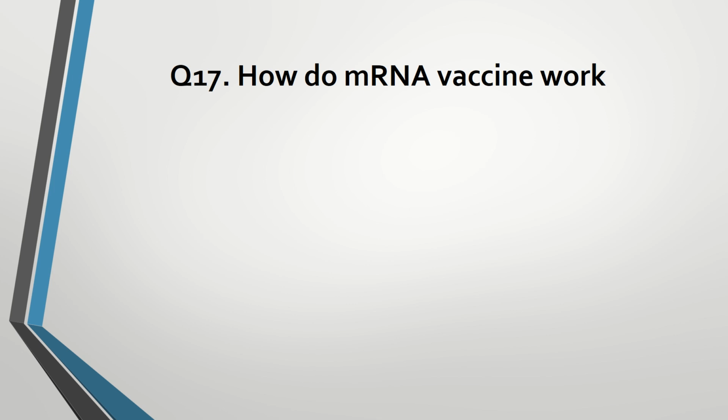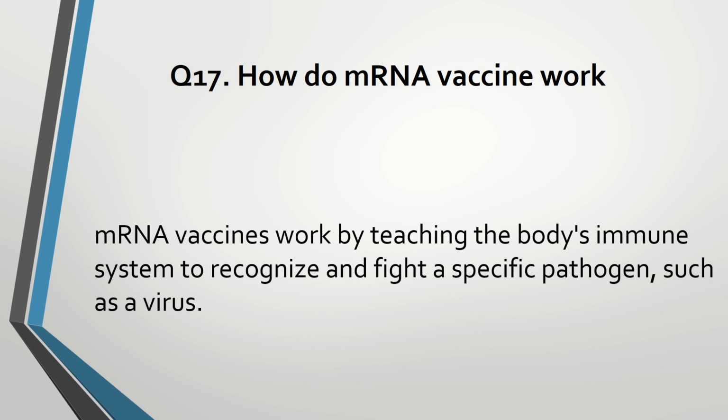So, messenger RNA vaccines work by teaching the body's immune system to recognize and fight specific pathogens such as viruses. It teaches the body how to fight against the virus by using the protein produced from that virus.